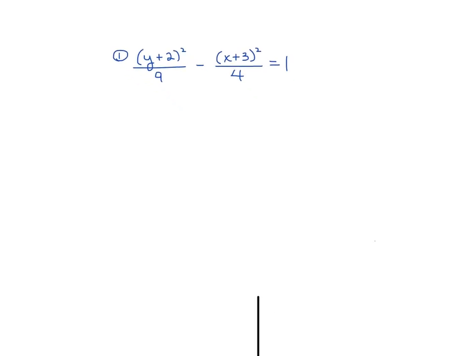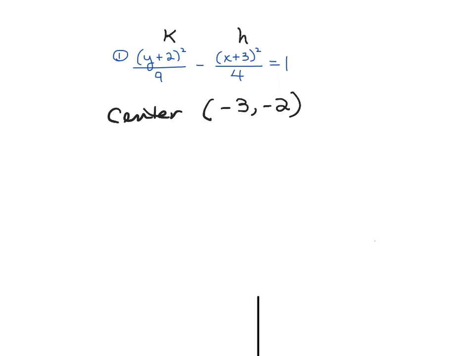So what I need to do here is find my h and k. Let's do that first. So the center, remember k is always with y, h is always with x. So my center point is going to be at -3, -2.